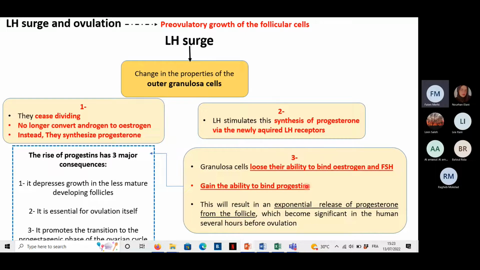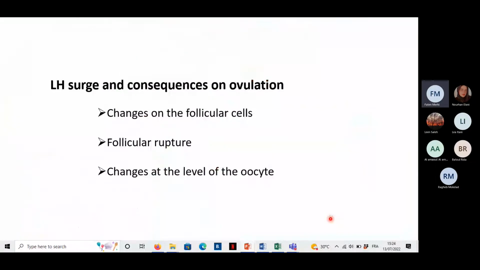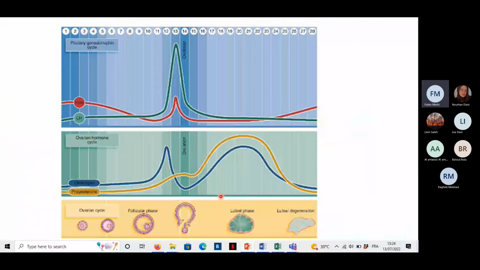And the binding of progesterone to its receptors on the granulosa cells will lead to more progesterone production. That's why we will have an exponential release of progesterone from the follicle, which will become significant in the human several hours before ovulation.